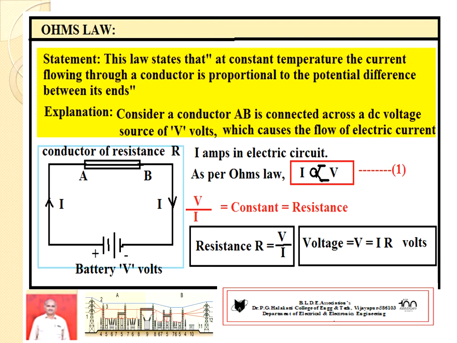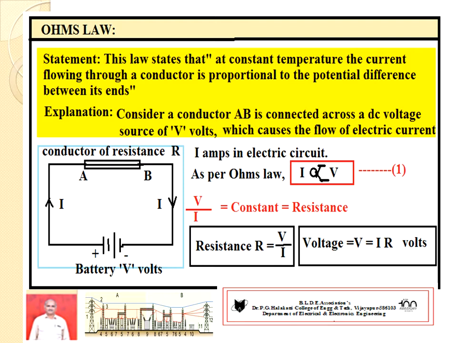Hence the flow of charge carriers, electrons, occurs from lower potential to higher potential through the load, that is, from the negative terminal to the positive terminal of the battery through the load circuit.